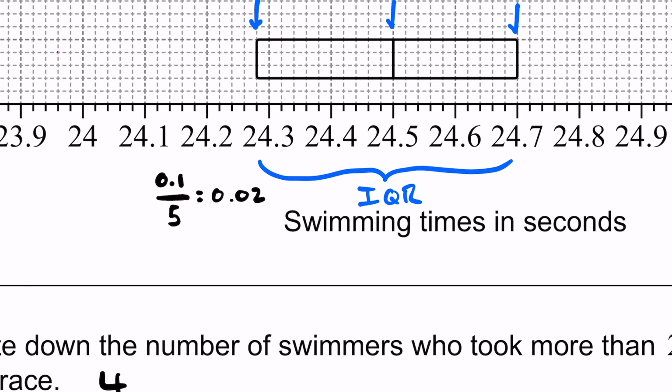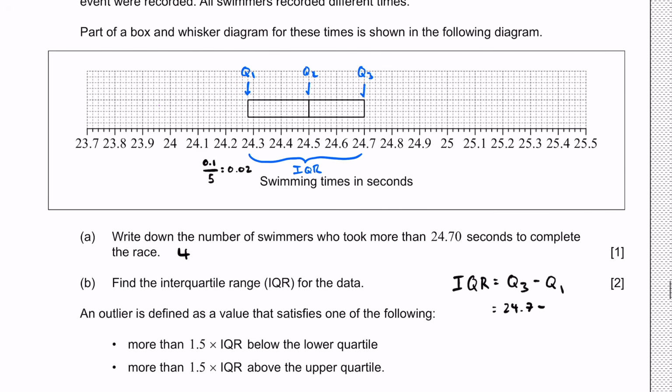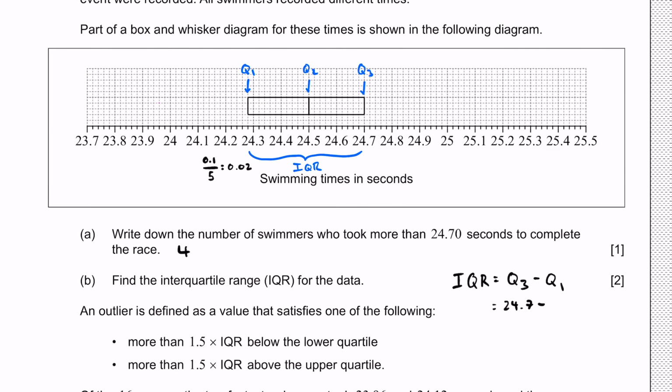So each of these is 0.02 greater than the last: 24.2, 24.22, 24.24, 24.26, 24.28. So this would be 24.28, this line right here. And that's our statement for the IQR.